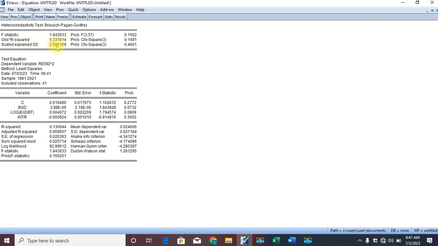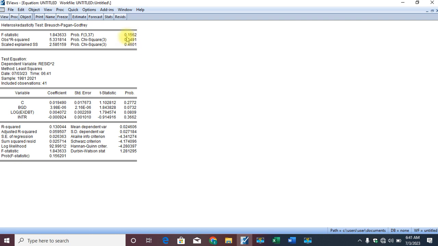Like I said previously, if you look at the probability values of this result and compare them with the 5% level of significance, you will observe that these particular p-values are all greater than 0.05.